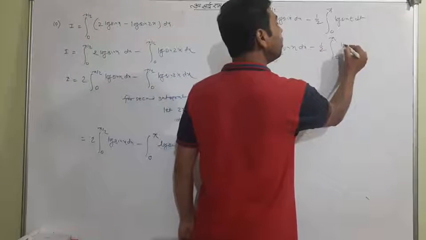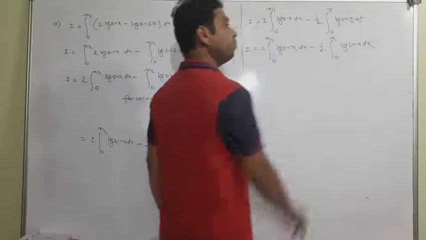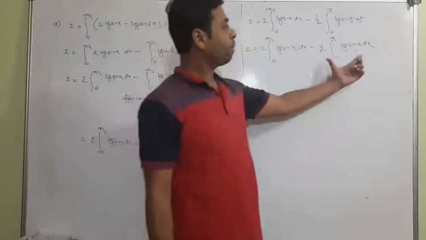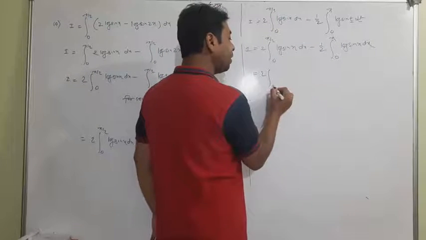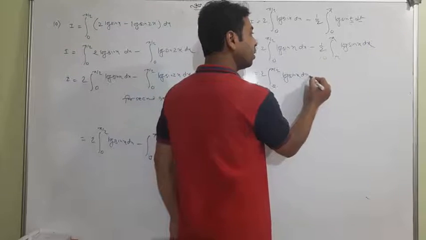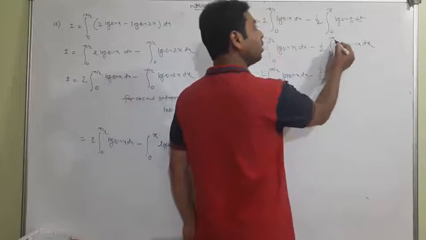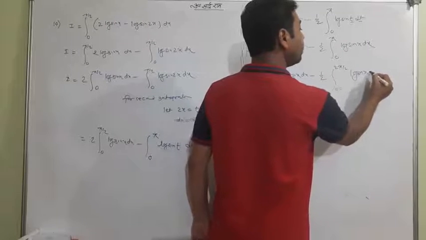Without changing the limit, we can change the variable. Same is coming. Again I will write pi by 2, the same as in the last question, 2 pi by 2 of log sin x dx.